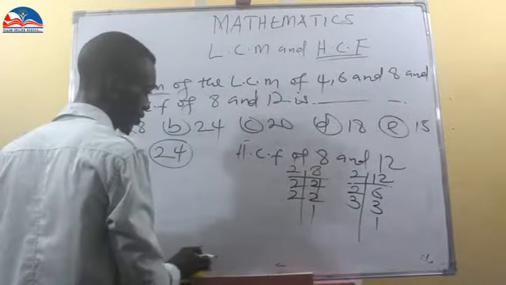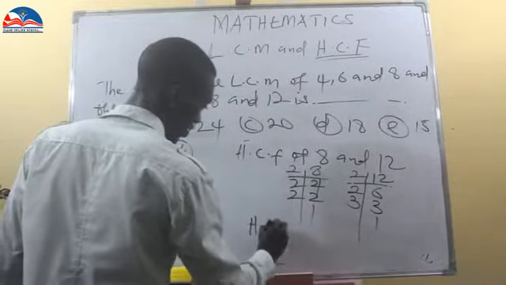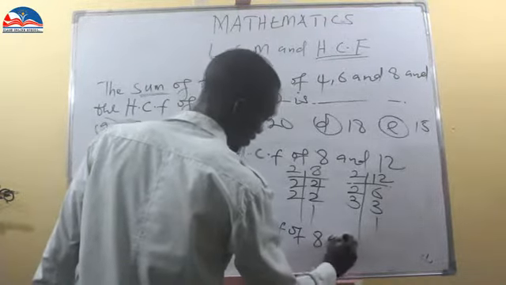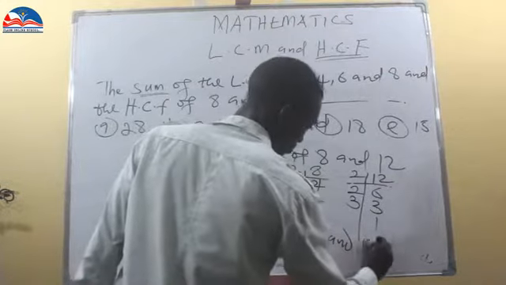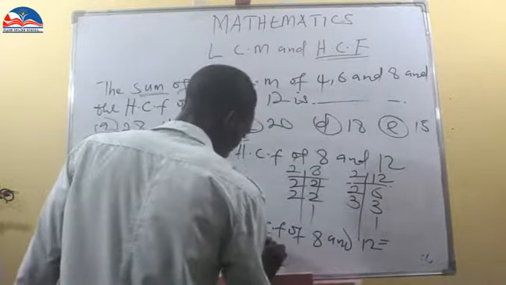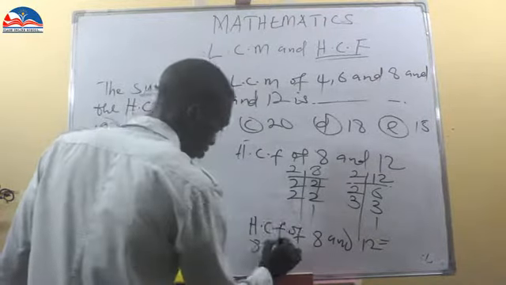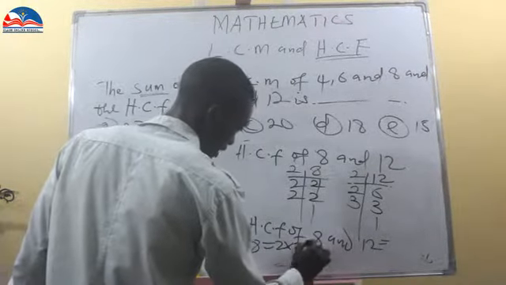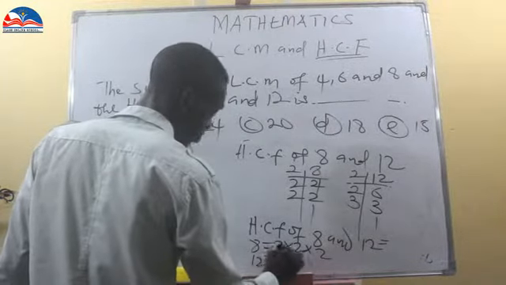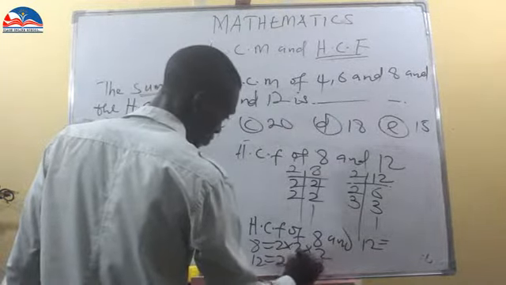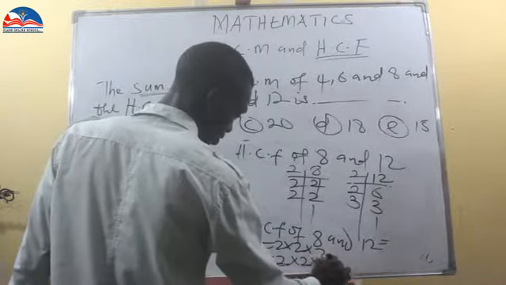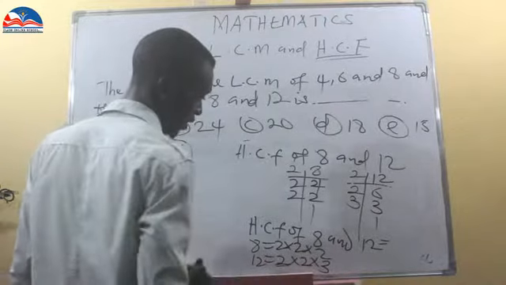So now the HCF of 8 and 12: for 8 we have 2 times 2 times 2. For 12 we have 2 times 2 times 3. 2 times 2, 4 times 3, you have 12.